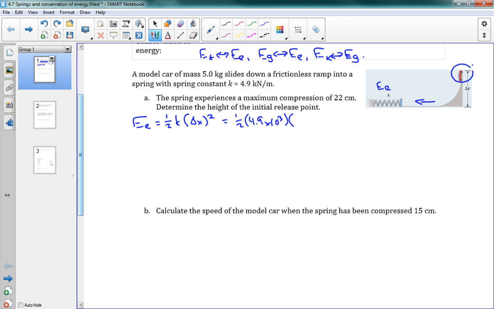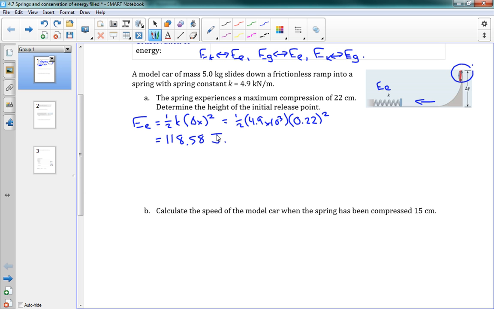Our delta x is 22 centimeters, so 0.22 meters, and we want to square that. And that gives us an elastic potential energy at the end here of 1/2 times 4.9 times 10 to the 3 times 0.22 squared. This gives us 118.58 joules.